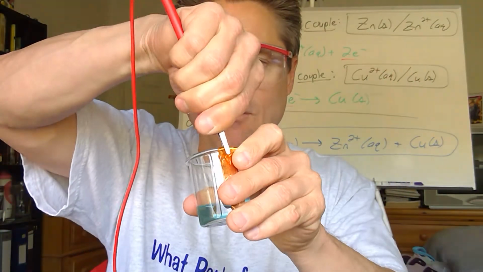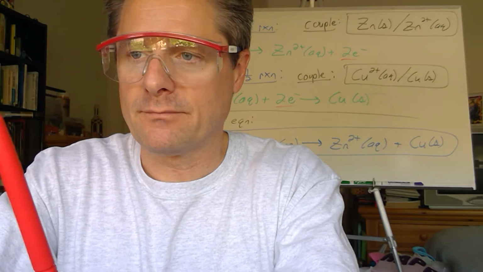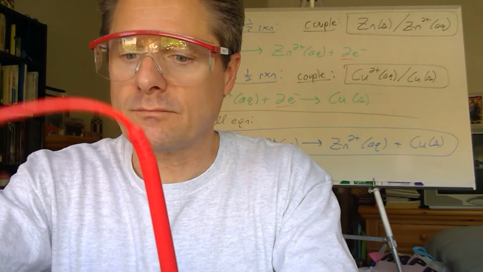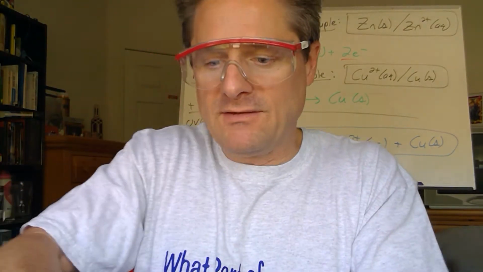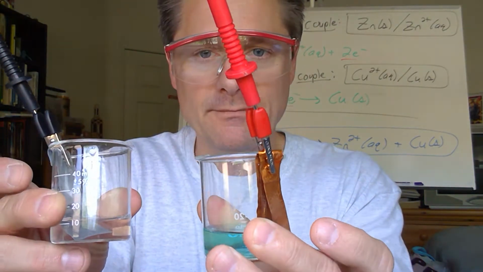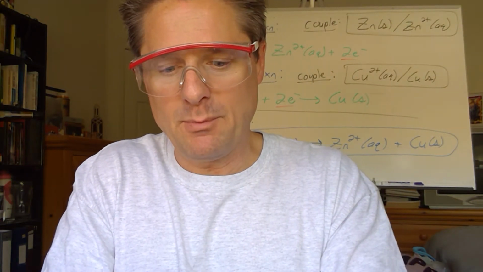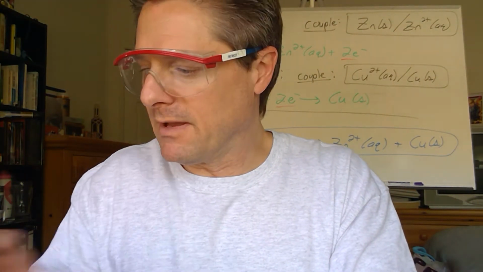I'll have to hold these up for you. Let's brace that wire. So now I've got my 2 leads connected. You can see the 2 leads connected there. And now I'm just going to pop my salt bridge in there. That should be pretty easy. And then we'll be able to read.